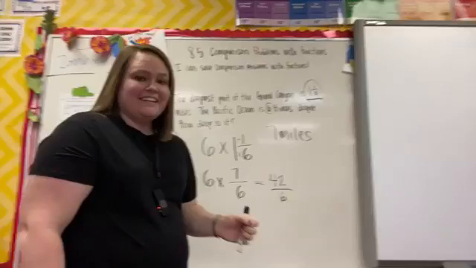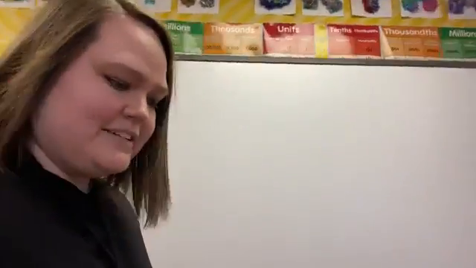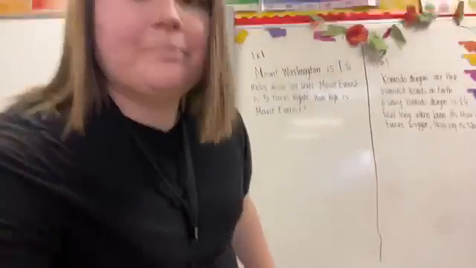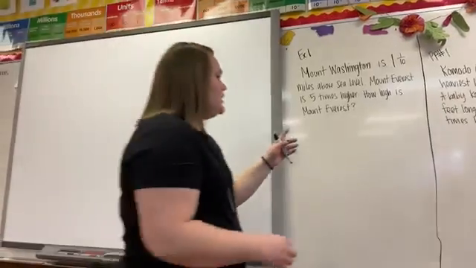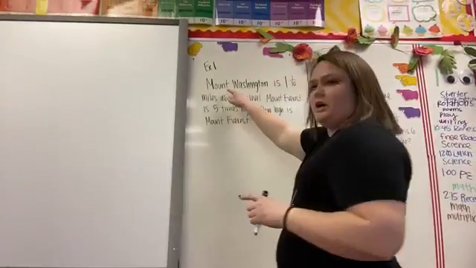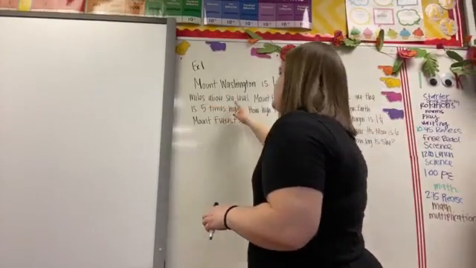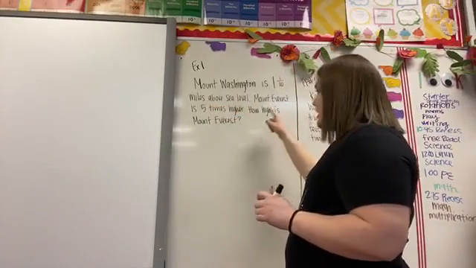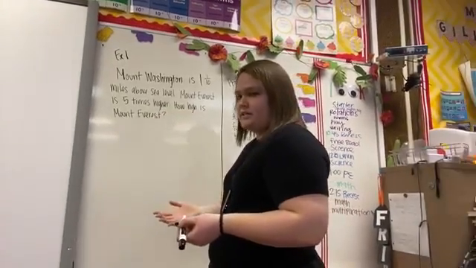All right? Okay, let's come over here and try another one. Mount Washington is 1 1/10 miles above sea level. Mount Everest is 5 times higher. How high is Mount Everest?